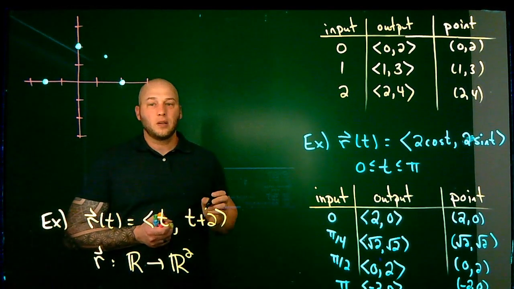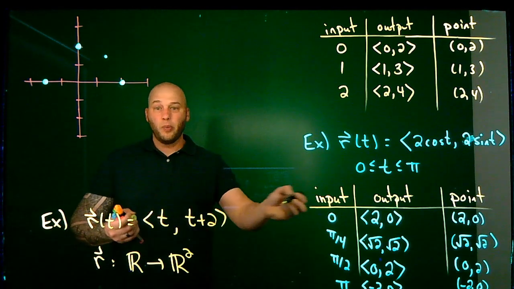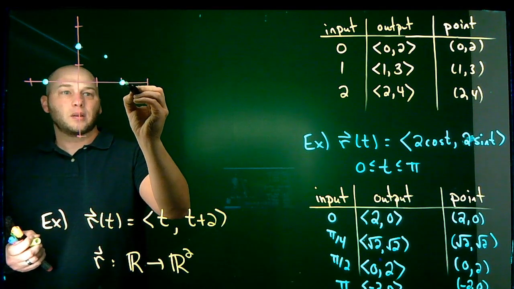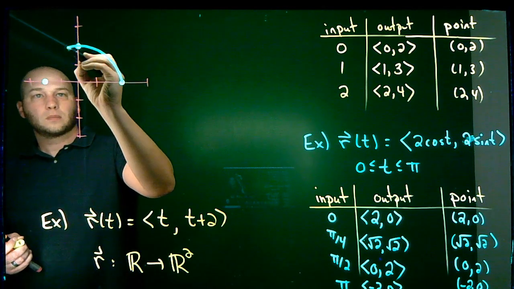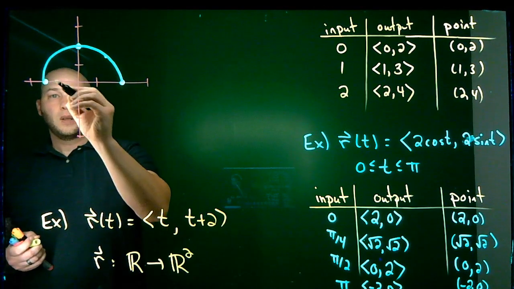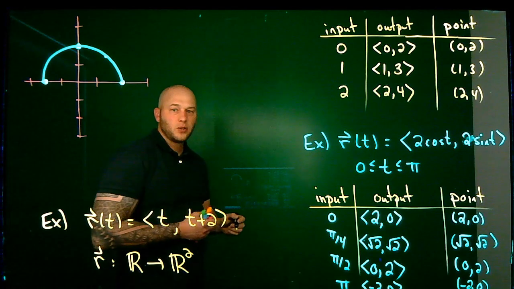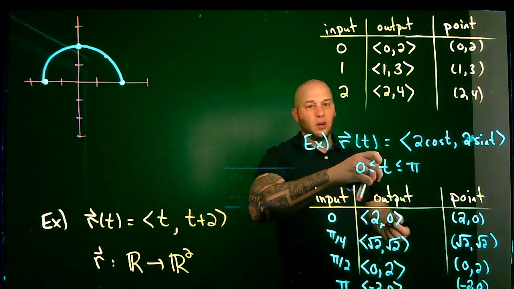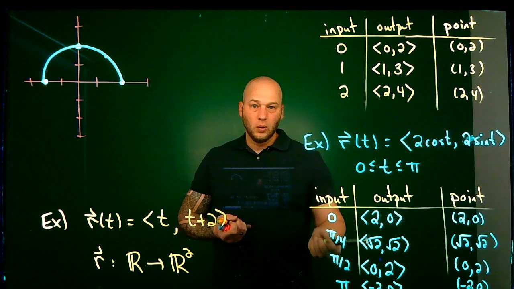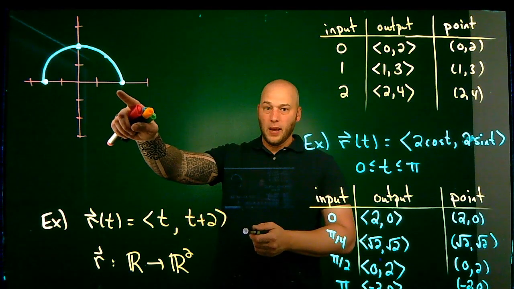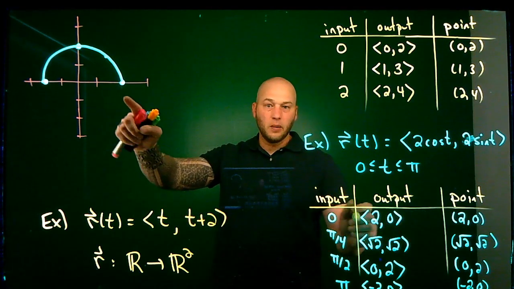The idea is that the graph, if I was to fill in, of course, more points, would look like this. It is the top half of a circle centered on the origin of radius 2. But notice for the initial plot, the initial point that I plotted, which is over 2 up 0, I didn't plot the vector.